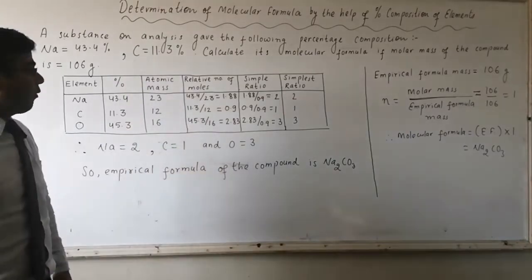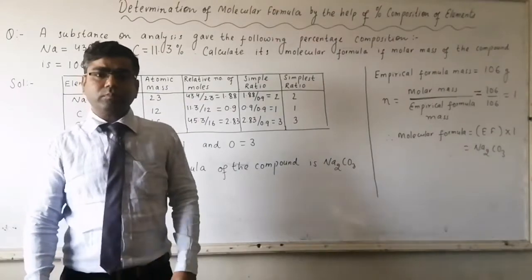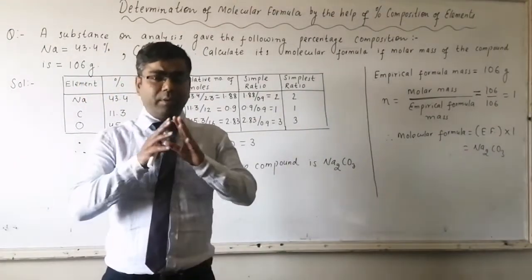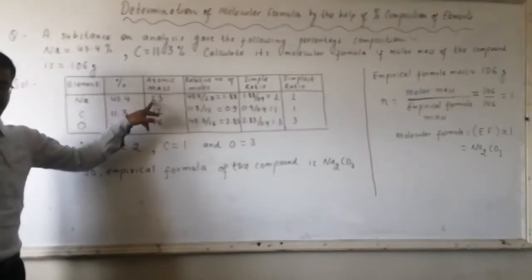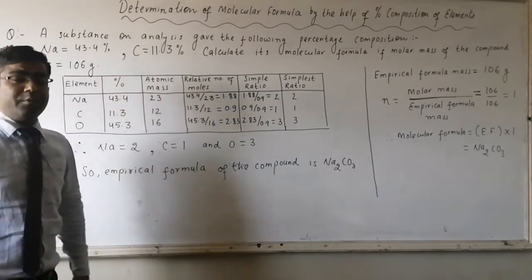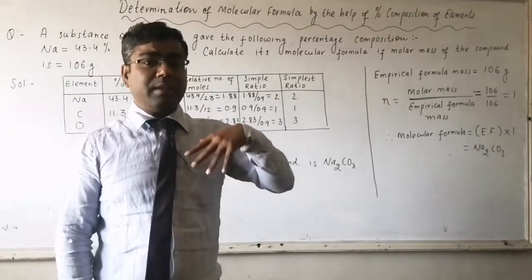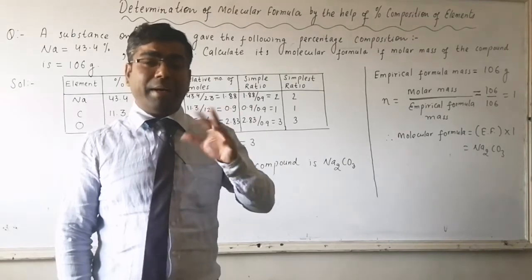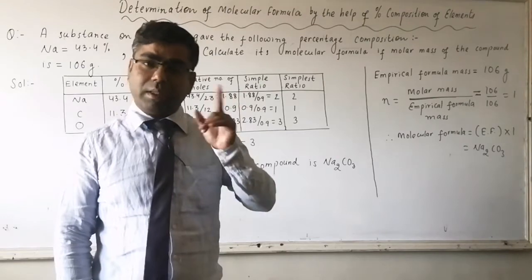Now next is the relative number of moles. How to calculate relative number of moles? We have to divide the percentage by its atomic mass. If percentage is more and atomic mass is less, then you will get more relative number of moles for the given element.